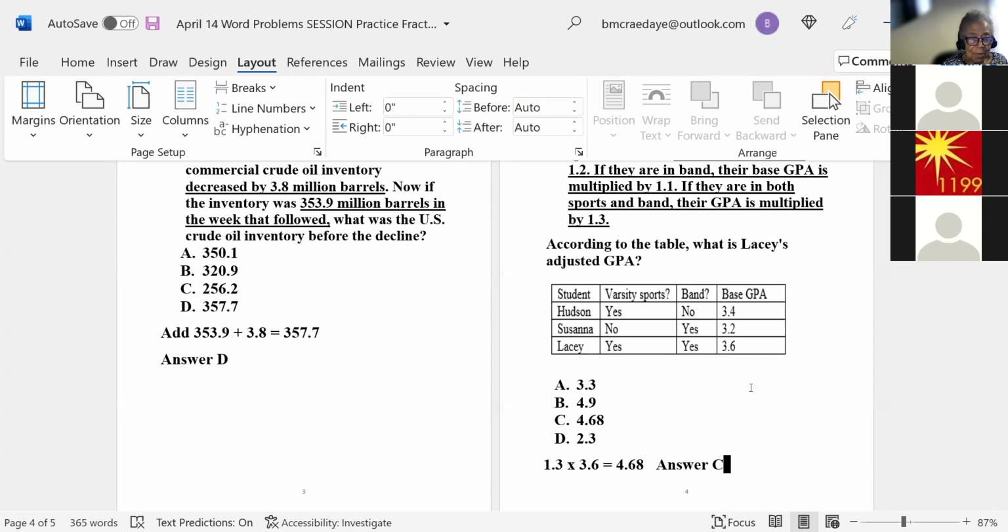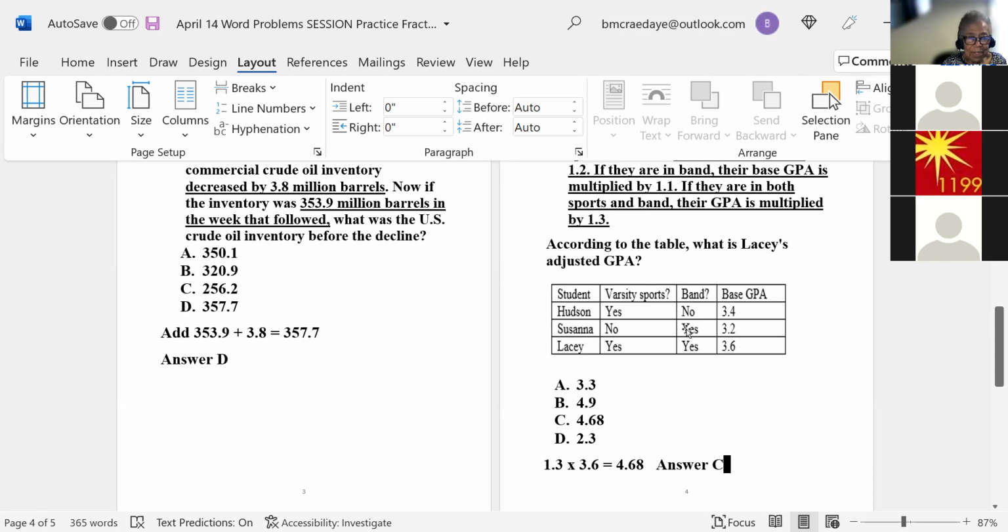The band alone. So you have to multiply Susanna's base by 1.1. If they're in the band, their base GPA is multiplied by 1.1. Right here.